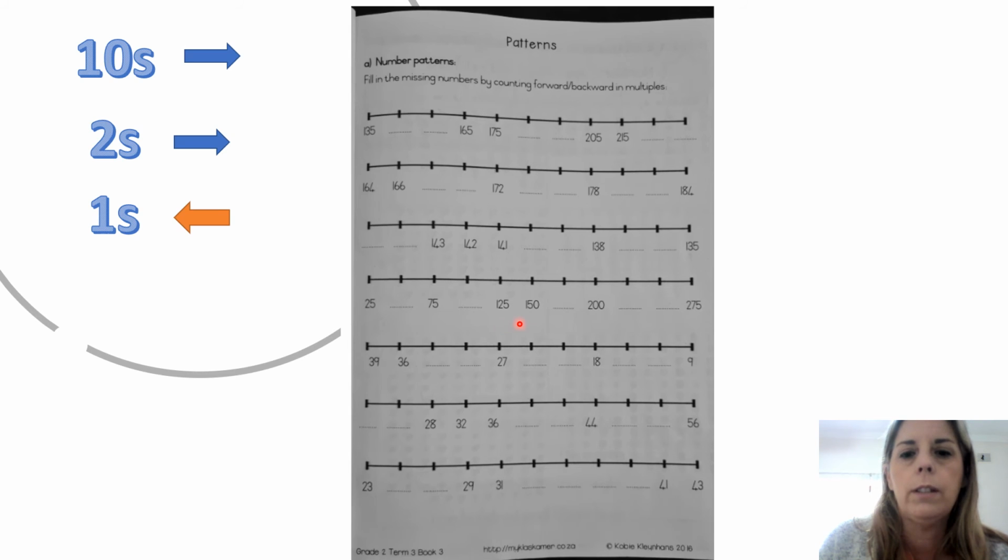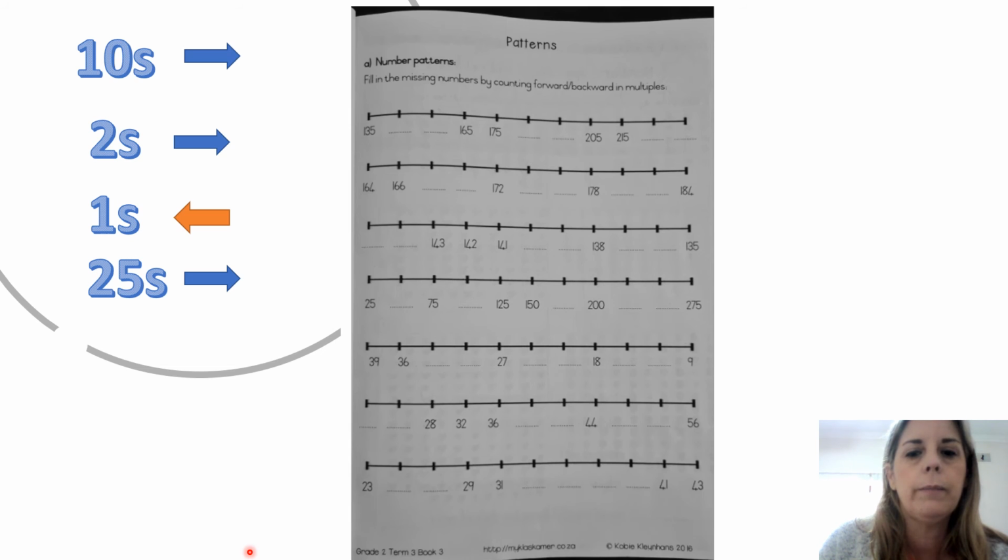The hundreds is the same, so that means the tens and the ones both change. How much did it grow by if this number is bigger than that number? It grew by 25, because 25 add 25 gives me 50, which means I'm counting in 25s, which was the pattern we learned on the previous page, and it's going forwards.